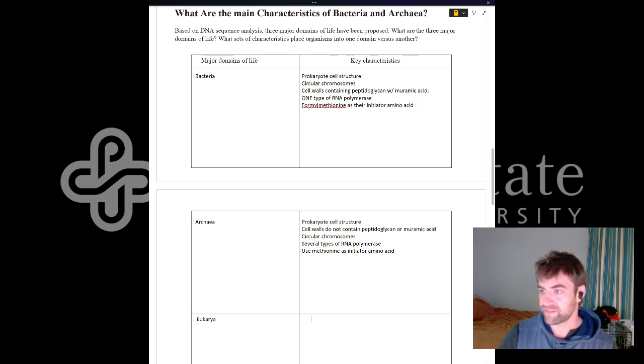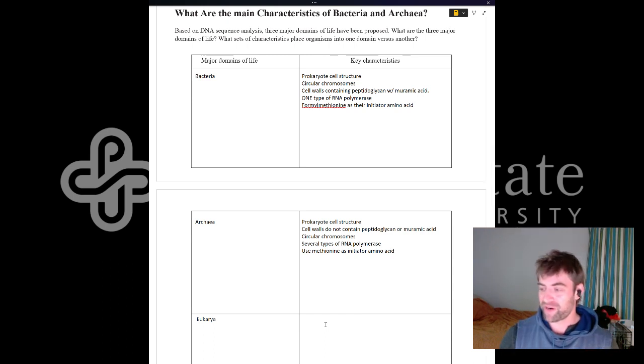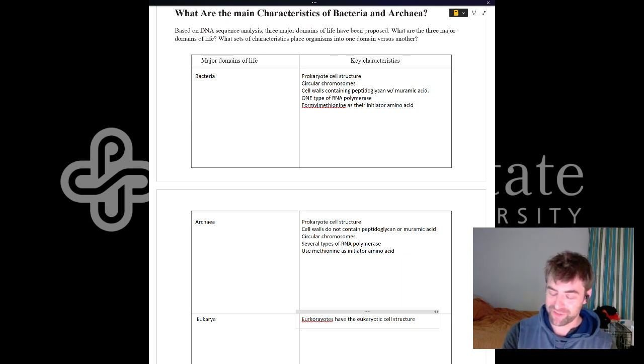Finally, eukarya. Eukaryotes have the eukaryotic cell structure with individual compartments and a nucleus and so on and so forth. So if you see something that looks like a mitochondria, it's probably eukaryotic in origin.